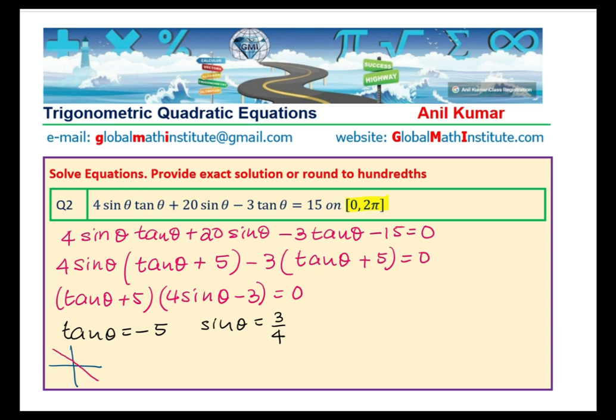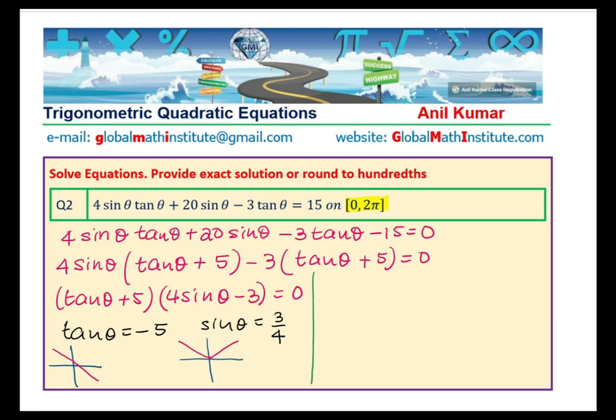For sine theta to be positive, we are looking at quadrants 1 and 2. So we have four solutions within the domain of 0 to 2 pi. Now in each case, we should find the related acute angle alpha and then get the other solutions.